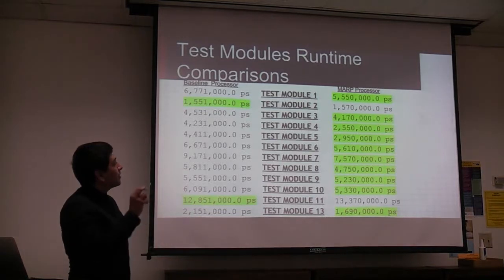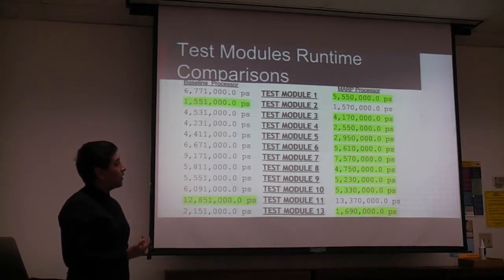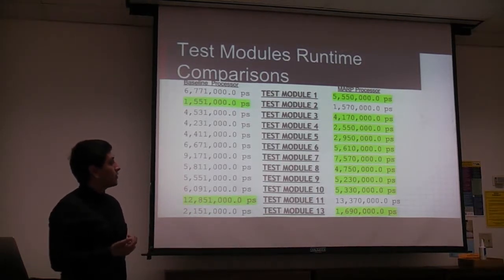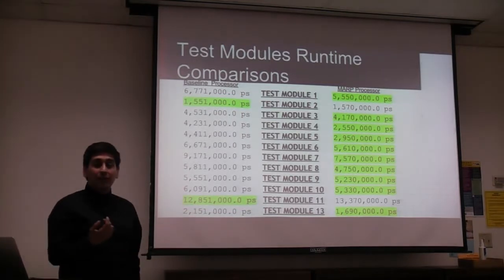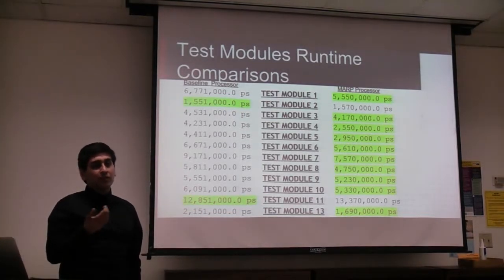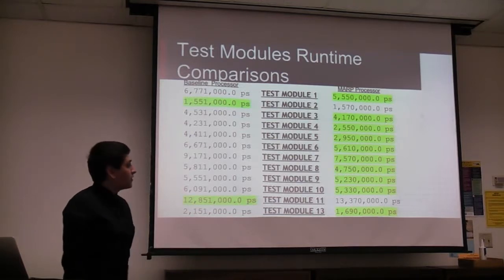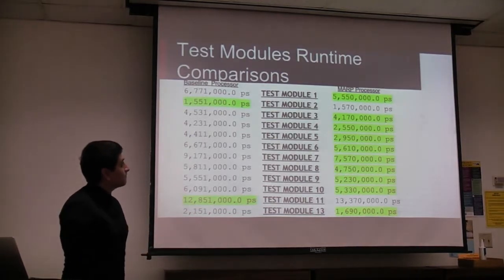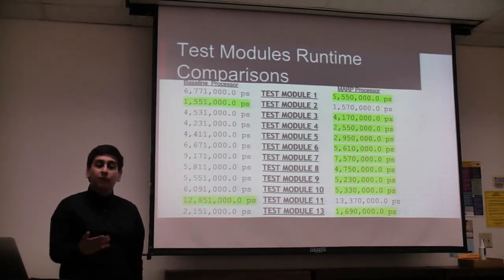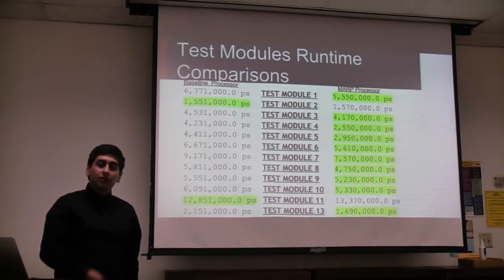I looked at the test modules that caused our processor to be slower, and those had a lot of stall instructions, like incrementing the same register multiple times in a row. That led to it being a little bit slower. Like inc R4, and then another. Is it in a loop?